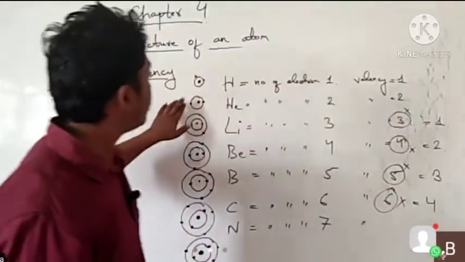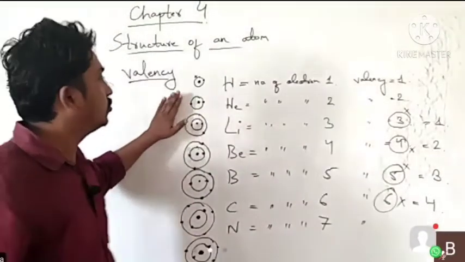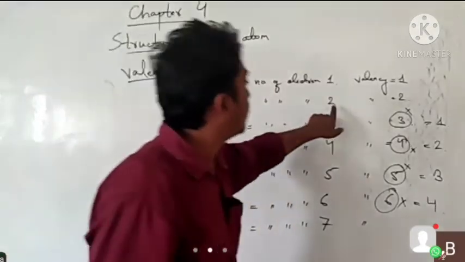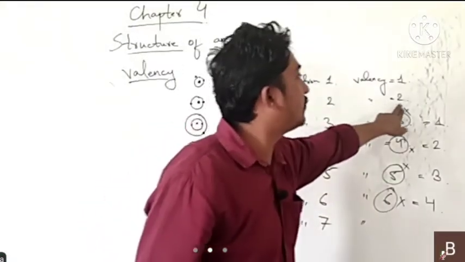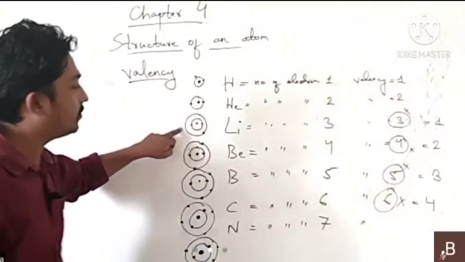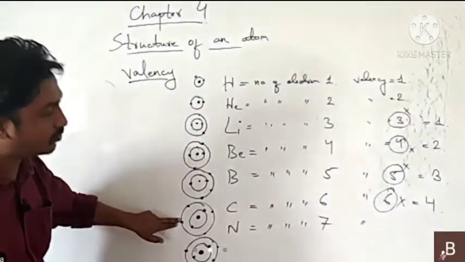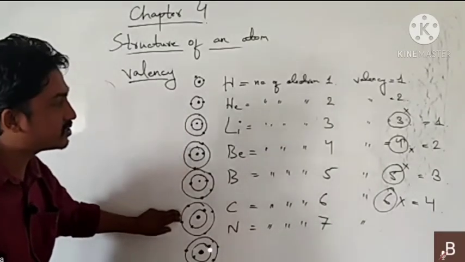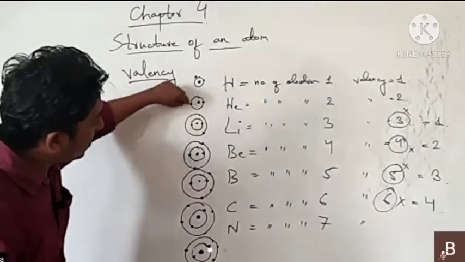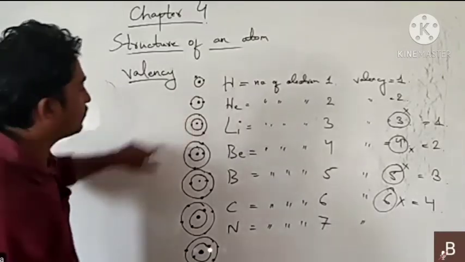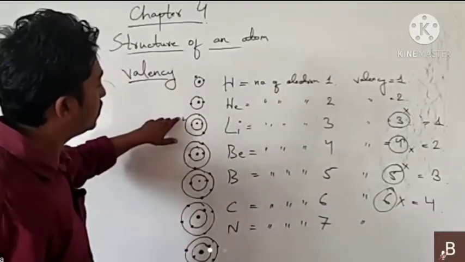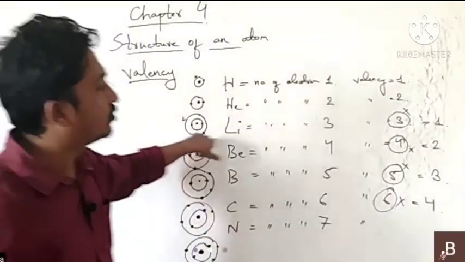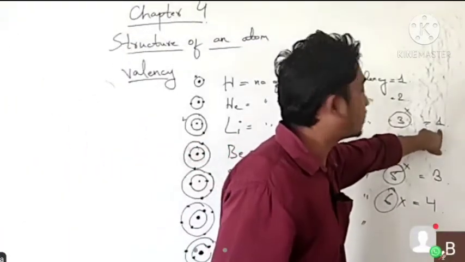In helium also there was no issue, because only the K cell was there and the number of electrons was 2, so valency 2. But in lithium, beryllium, boron, carbon, we have taken 2 cells, and only after fulfilling the K cell do we have to fill the L cell. So in the outermost cell, that means in the L cell, we have only 1 electron, so we write valency 1.